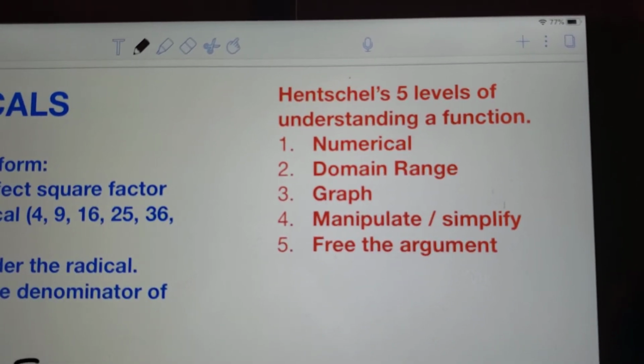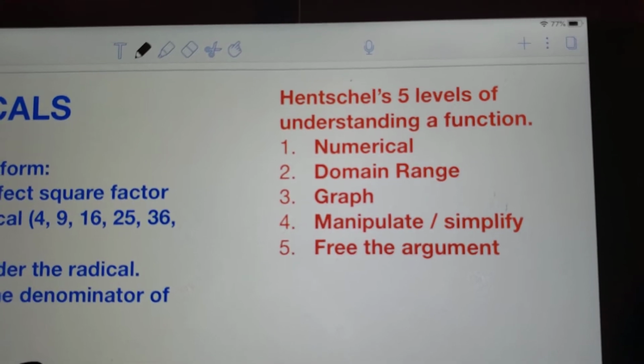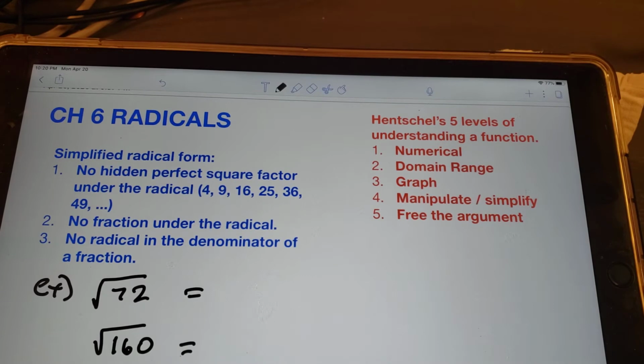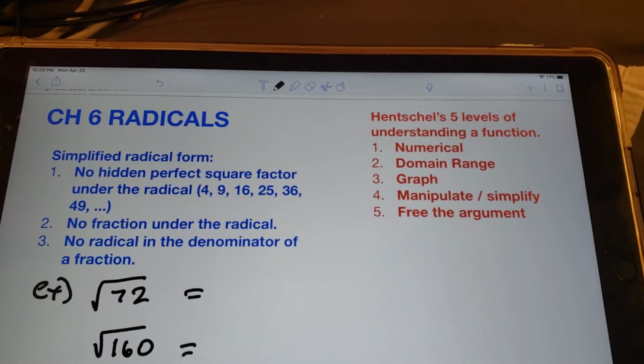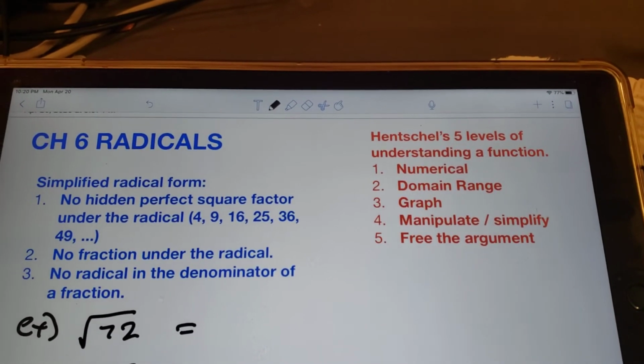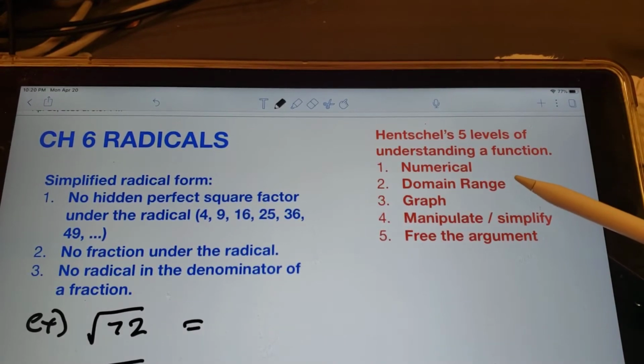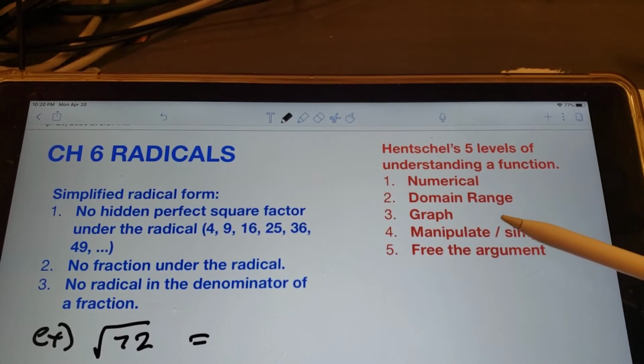I don't know if I did it, but I think I said I was going to put it on my syllabus because it's such a common thing I go to. But basically, it's the 5 ways of understanding a function. Numerically, domain and range, the graph, manipulate, simplify, or rewrite.